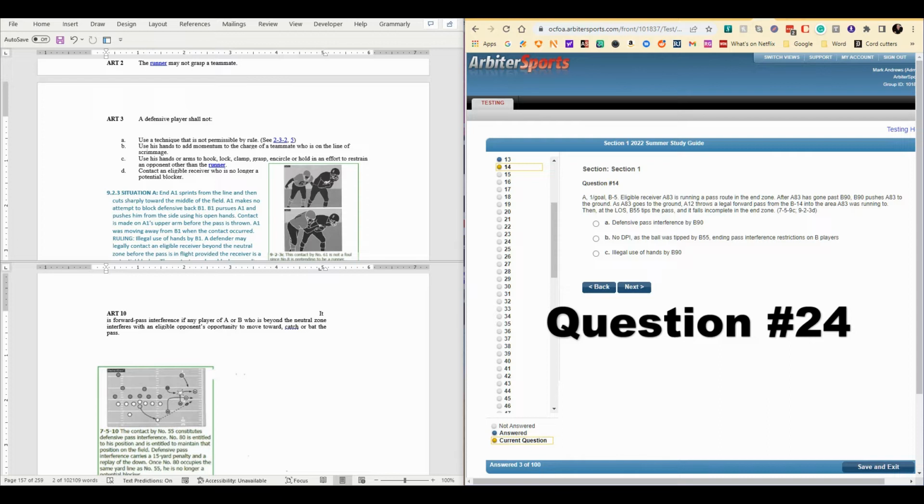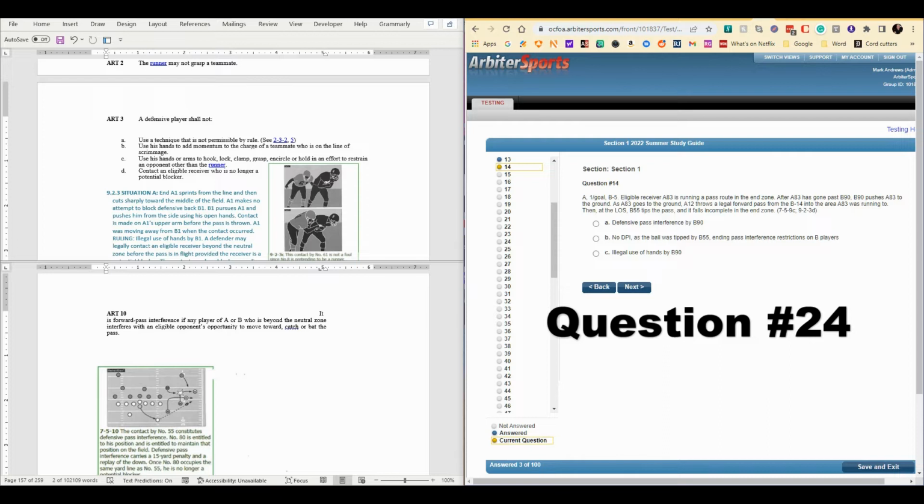The defensive players can no longer contact a receiver when he is no longer a potential blocker. And in this case, A83 has gone past B90. B90 then pushes him. Then the ball is thrown. So the ball would have had to be thrown prior to B90 pushing A83 to the ground for this to be pass interference.